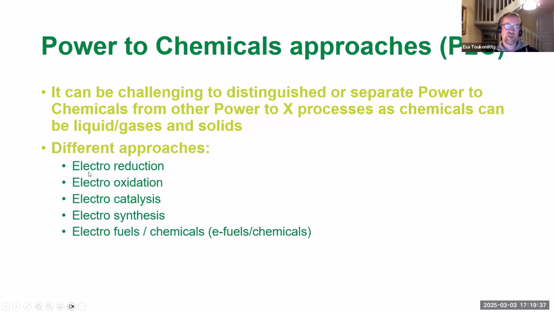Sometimes in the titles we talk about electrochemical reduction, sometimes oxidation. We are only focusing on the anode or cathode side. These are the so-called half reactions that always take place in an electrochemical reaction. But nevertheless, the products can be made through reduction or oxidation reactions.